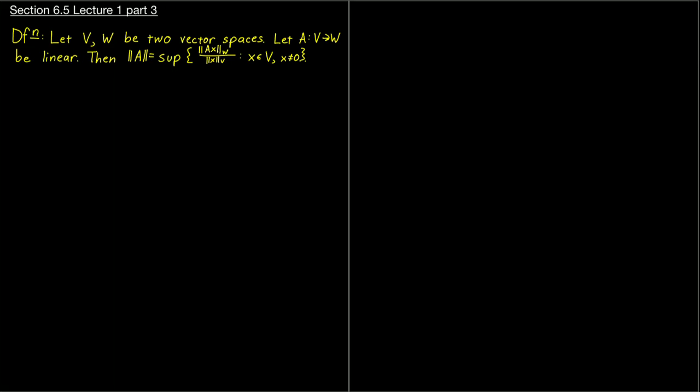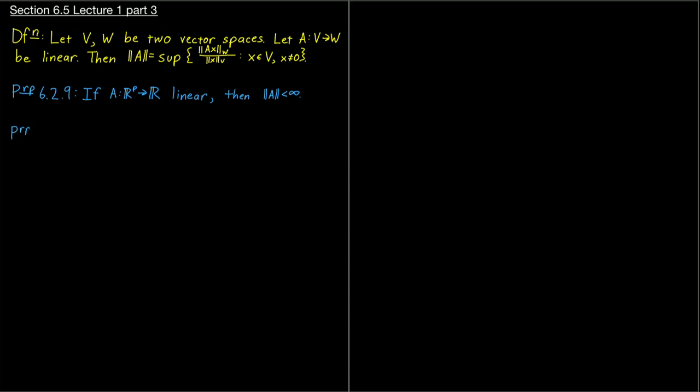So that is the definition of the norm of a linear operator. And you may recall the following proposition from section 6.2. If A is a linear operator from R^p to R, then the norm of A is finite.